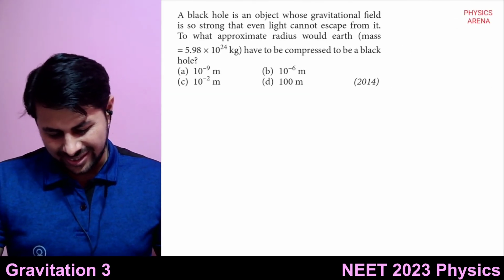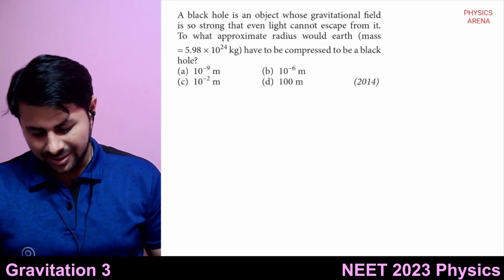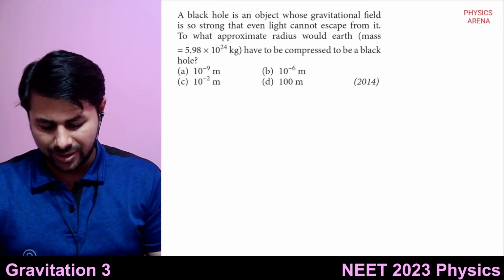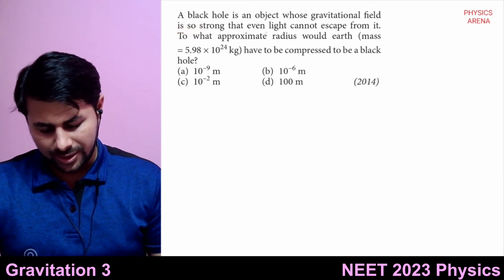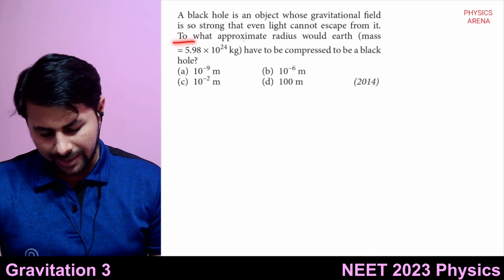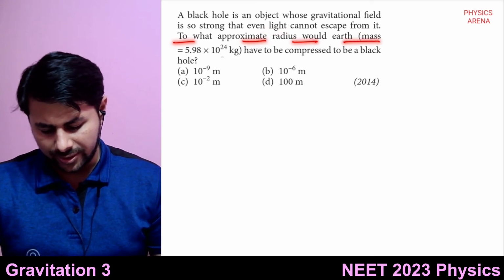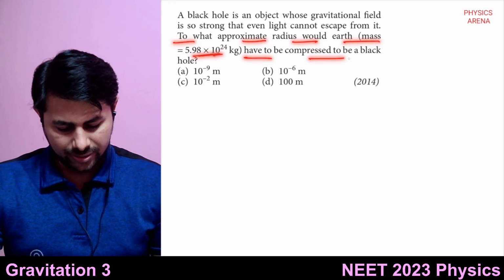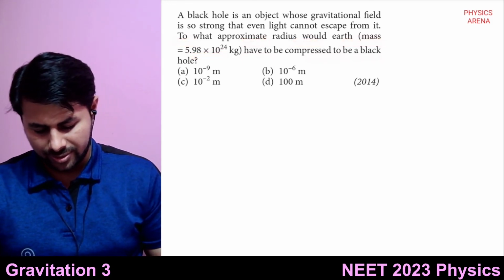Then let us see the next question. A black hole is an object whose gravitational field is so strong that even light cannot escape from it. To what approximate radius would the Earth have to be compressed to be a black hole?